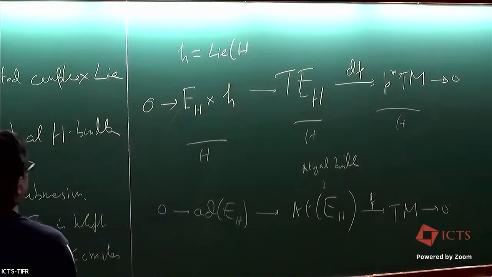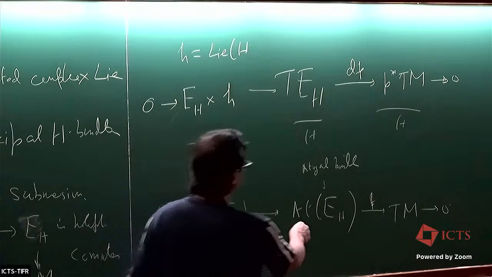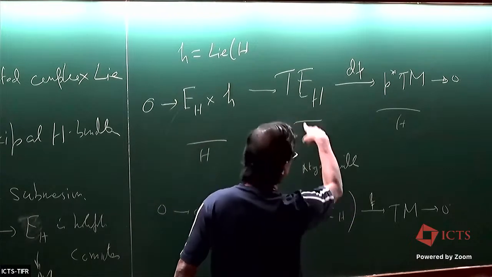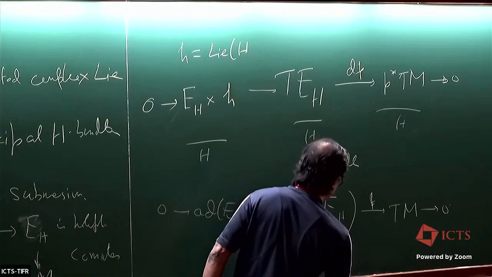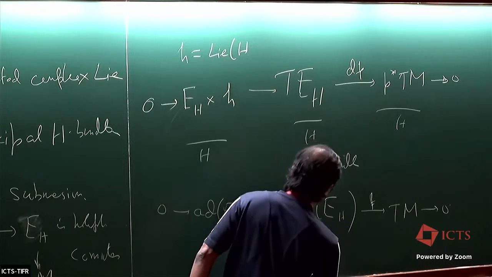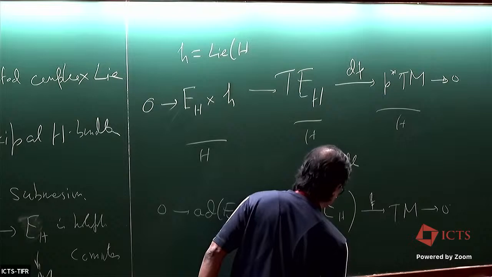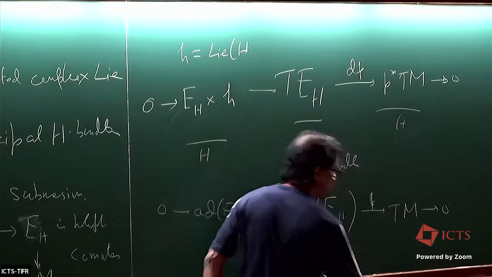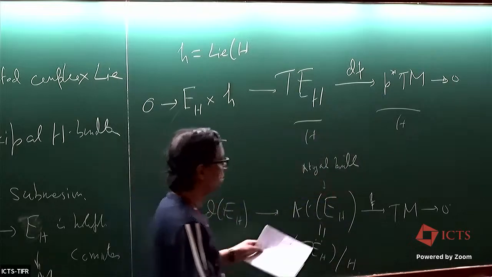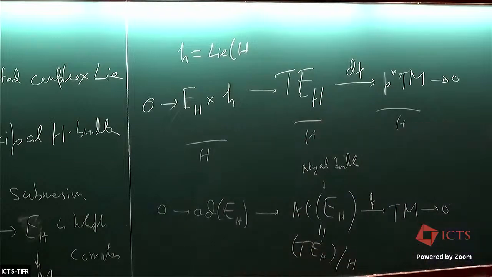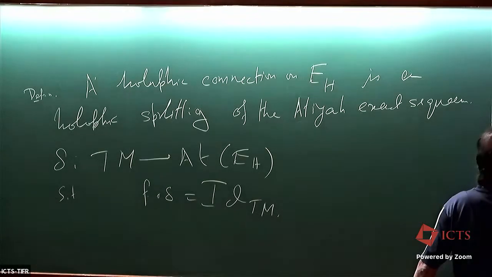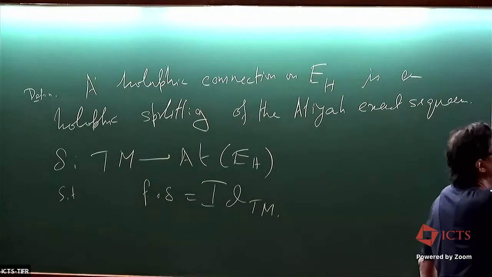Sorry, this quotient, let me write it down. This is by definition the tangent bundle of E_H quotiented by H. I should have said, H acts on the tangent bundle of E_H over E_H, and equivalently on this.